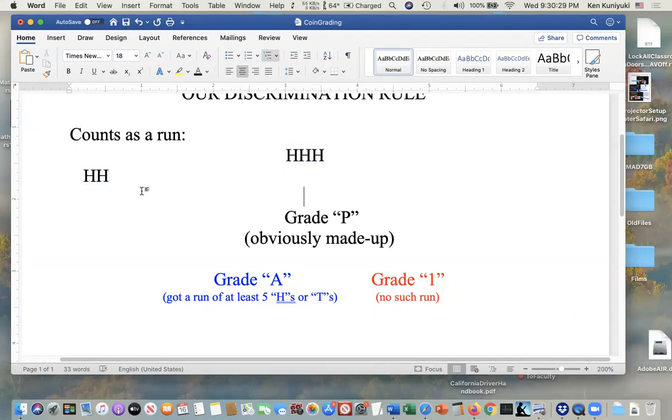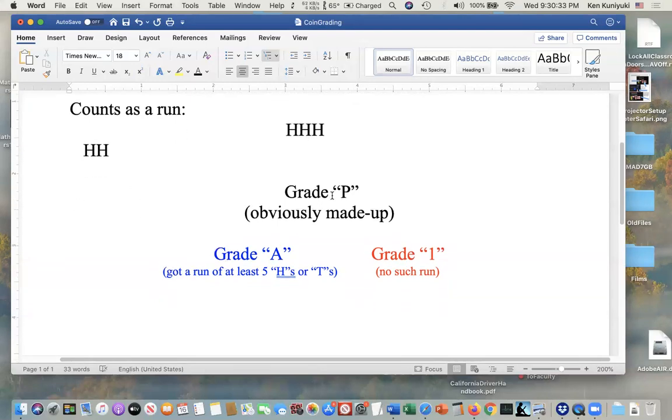It's okay if you have a wraparound. So if it's not a P paper, and you got a run of at least 5 heads or at least 5 tails, then put an A on your paper. Your grade is A. Otherwise, put a 1 on your paper.